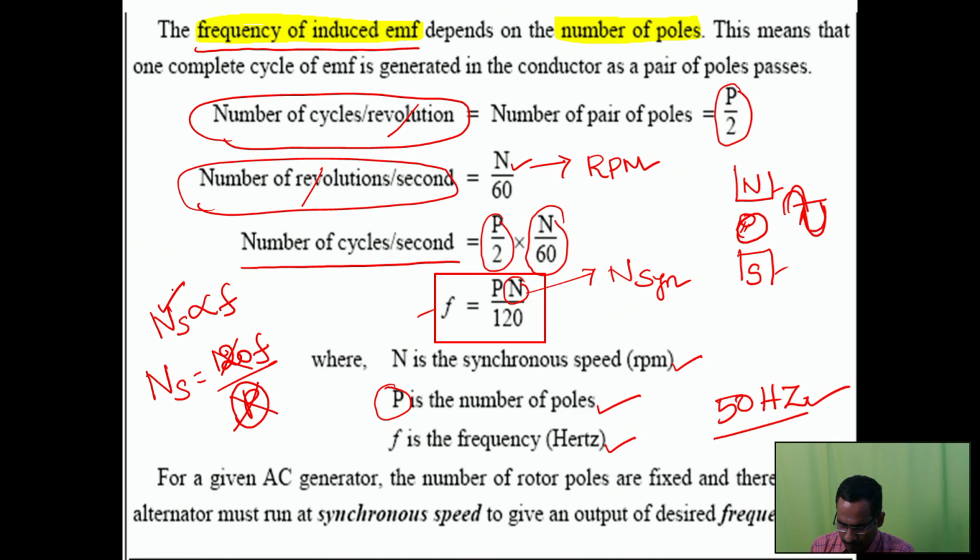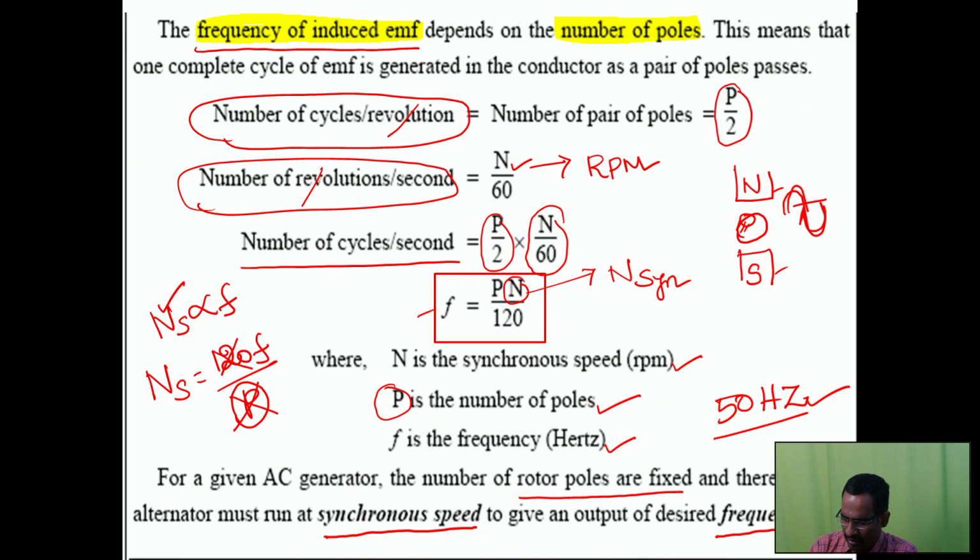So I can give the statement here: for a given AC generator, the number of rotor poles is fixed, and then your alternator must run at the synchronous speed to give the desired frequency.